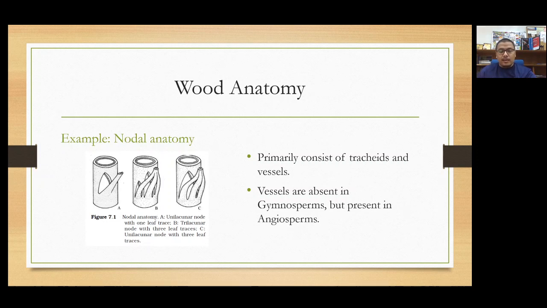The structures of wood anatomy are examined through the optical microscope. Investigation of these two elements, the tracheids and the vessels, needs the microscope for fine detail examination. For instance, vessels are absent in gymnosperms.